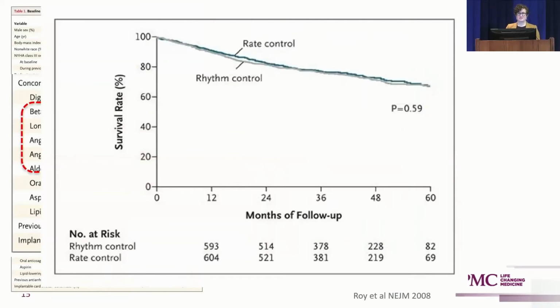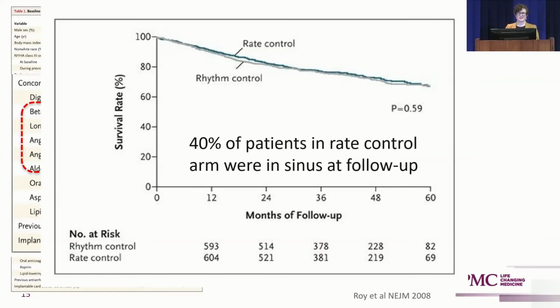And just to finish off with the survival part of things, there was no difference in survival in these patient groups, which ended up almost exactly the same at the very end with lots of atrial fibrillation. 40% of the patients in the rhythm control side were in sinus at follow-up. So it's hard to say really what sinus versus AFib does, rather than what being treated with amiodarone, dofetilide, and so on does in this patient population that's really high risk for arrhythmias.